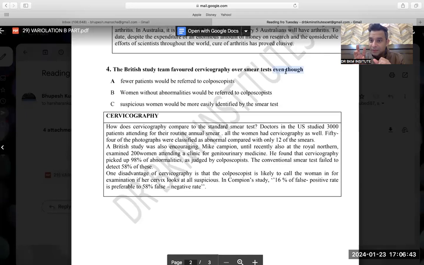Even though means although smear tests are better, still they preferred cervicography. That means this option wants me to find something positive about the smear test or something negative about cervicography. This is what you need to understand.